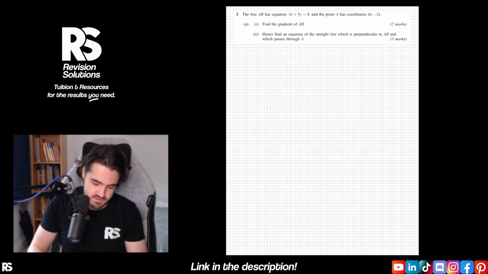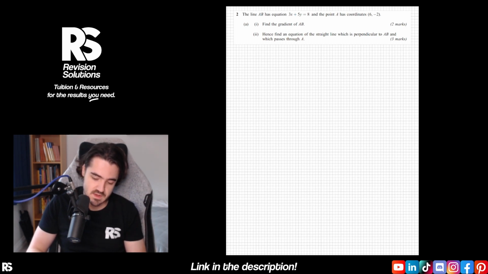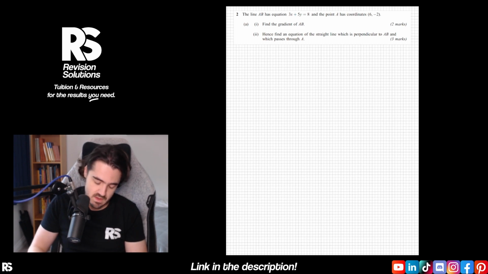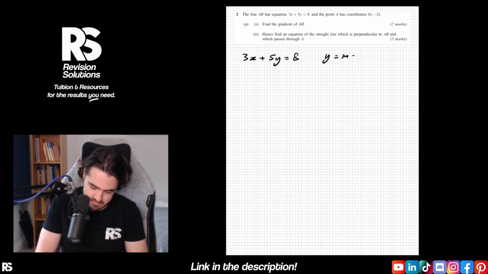The next question asks, the line AB has the equation 3x plus 5y equals 8, and the point A has coordinates (6, -2). Can we find the gradient of AB? So that's just using the equation that we've already been given. So let's just write it down first. And we need to write it in the form y equals mx plus c, because m would be our gradient.